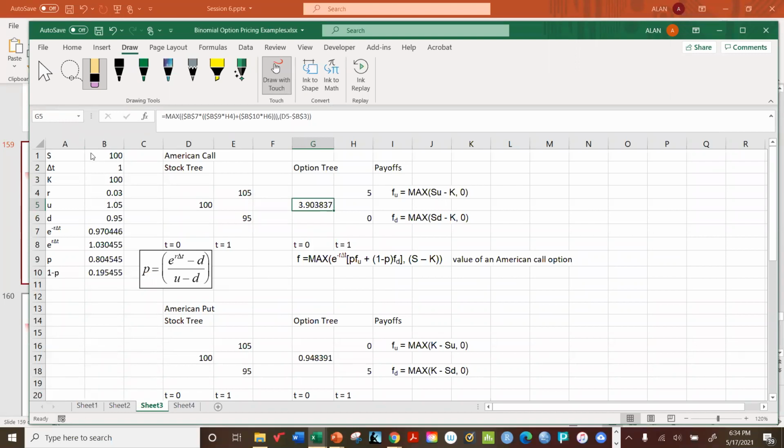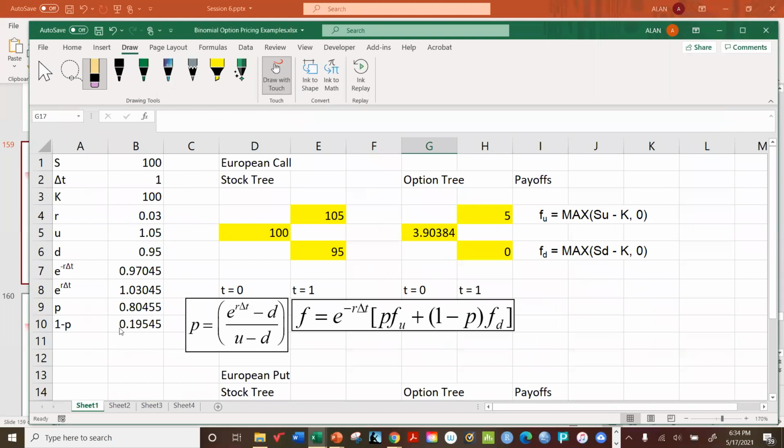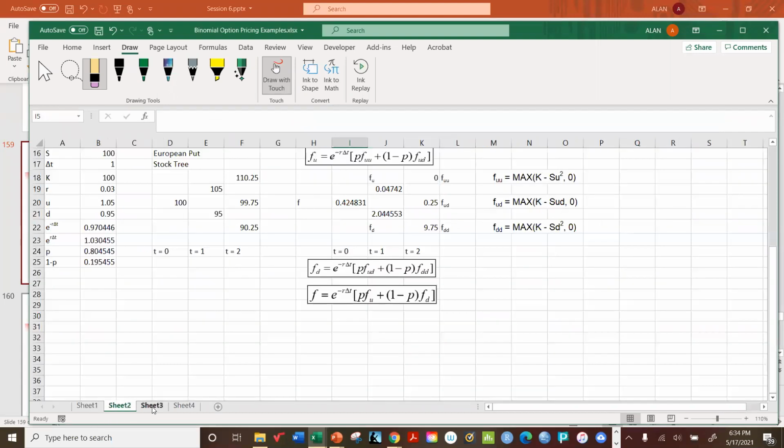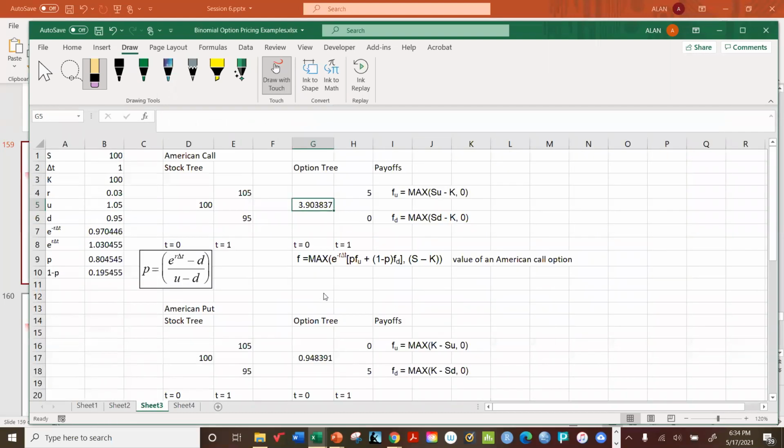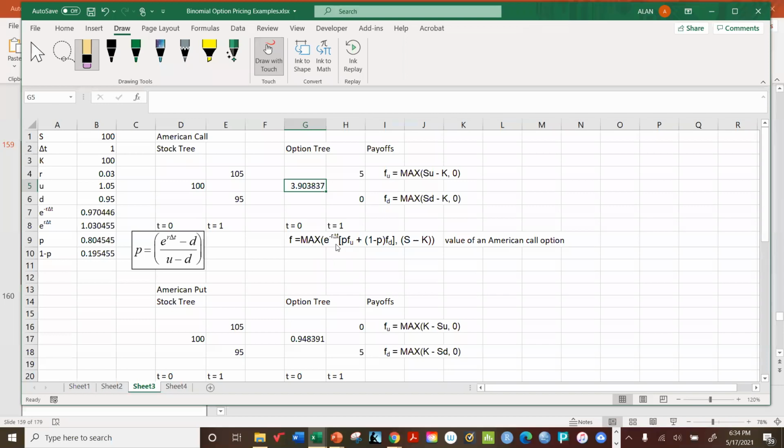We're basically taking the same data from sheet 1, and this time we're applying the test. This is the formula that we'll be using. This is a one-period model, so we don't have to worry about exercising on the maturity date. That's understood. It might happen, it might not happen, but it's the interior nodes where we have to apply these formulas. So that's what this is right here.